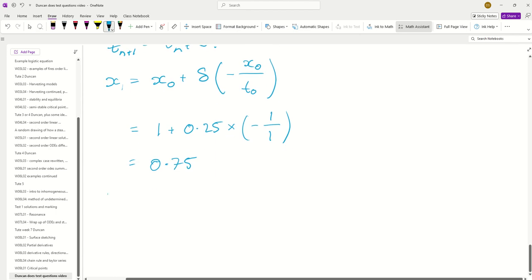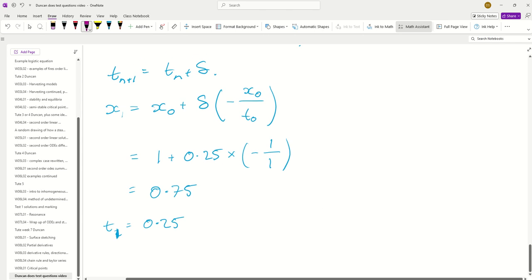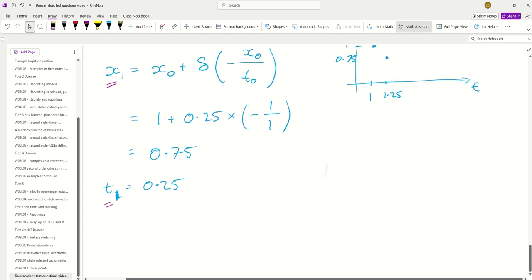All right, so t1 equals 1.25, right? So this is my x1, t1 solution. I'm just going to keep track of them here. So 1 is there, 1.25 is at 3/4.